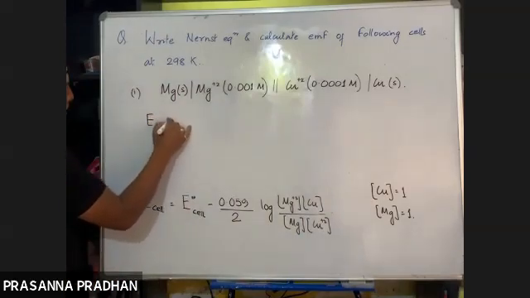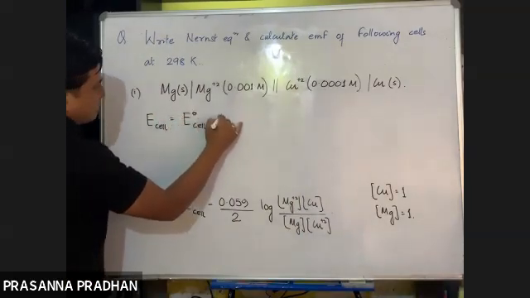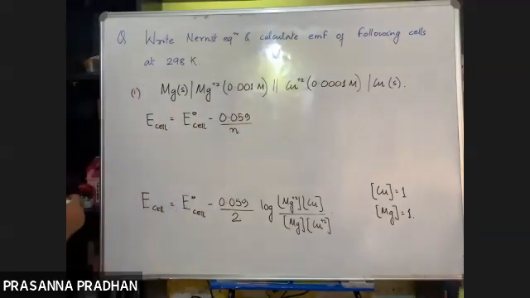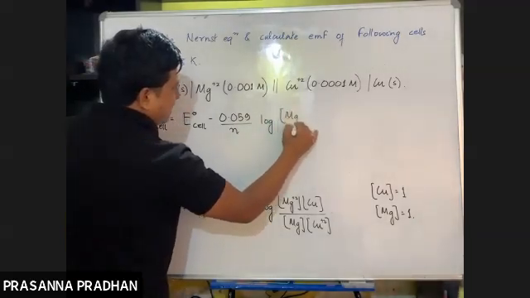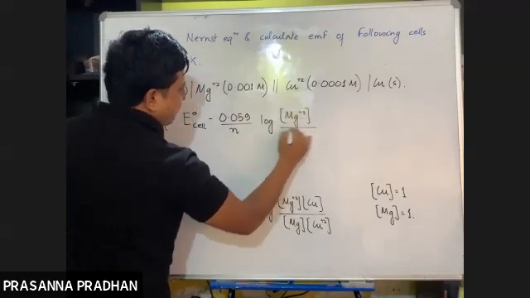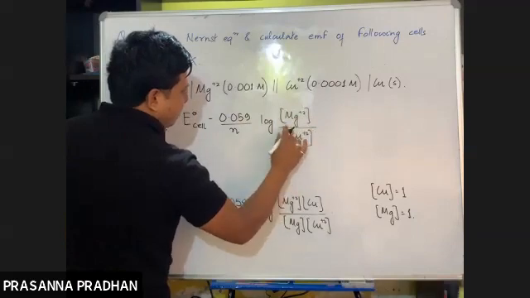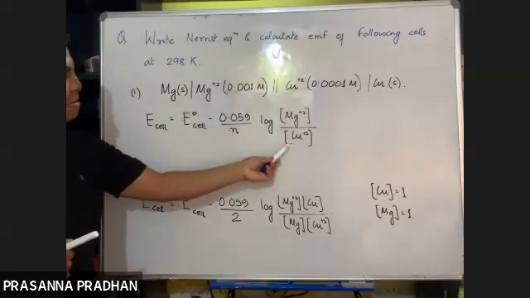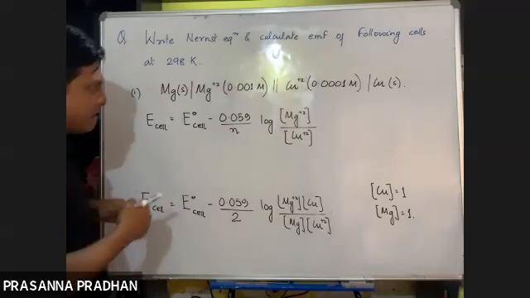E cell will be equal to E naught cell minus 0.059 divided by N, log of the concentration of just the magnesium dipositive ion divided by the concentration of the copper dipositive ion. The concentration of magnesium dipositive and the concentration of copper dipositive will be given in the quotient itself.